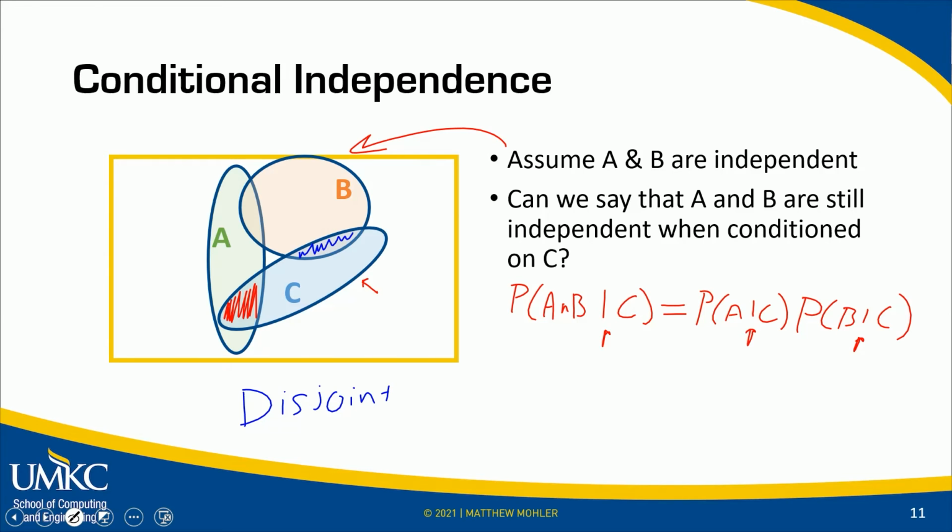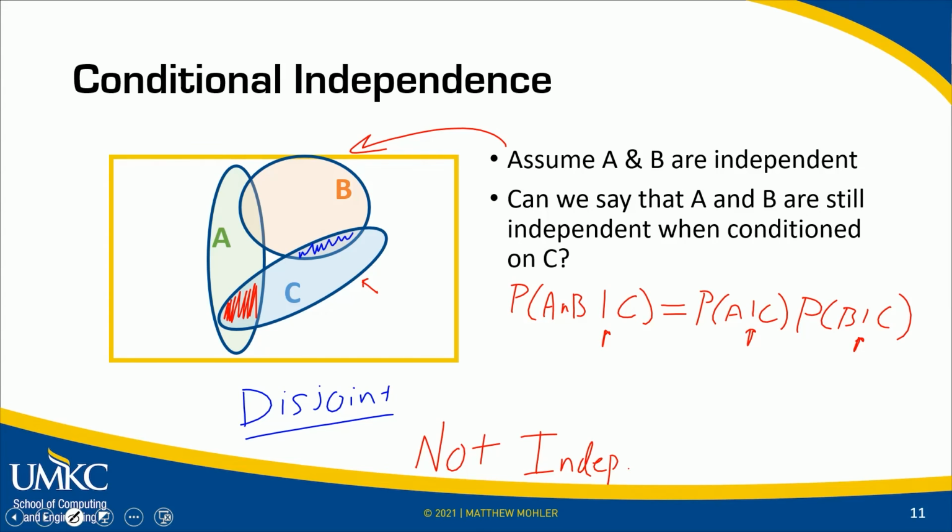Now, again, we're assuming that A and B were independent previously, but because when we've added the condition, we've turned these into disjoint events, these are now not independent because they are disjoint events.